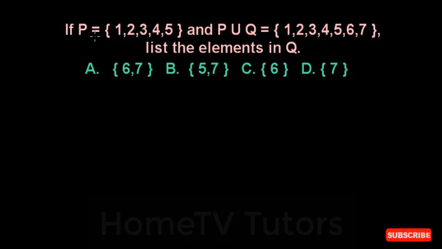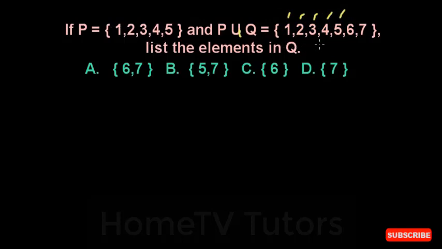If P is equal to 1, 2, 3, 4, and 5, and P union Q is equal to 1, 2, 3, 4, 5, 6, 7, list the elements in Q. Okay, so now for P, this is the elements of P. We have 1, 2, 3, 4, 5 as given here.